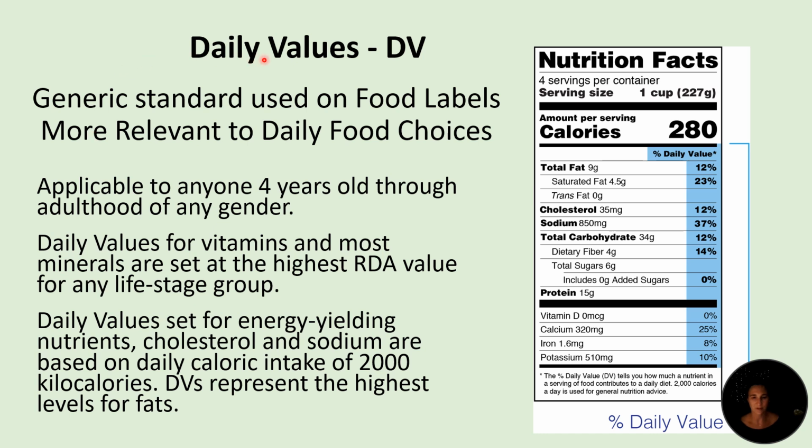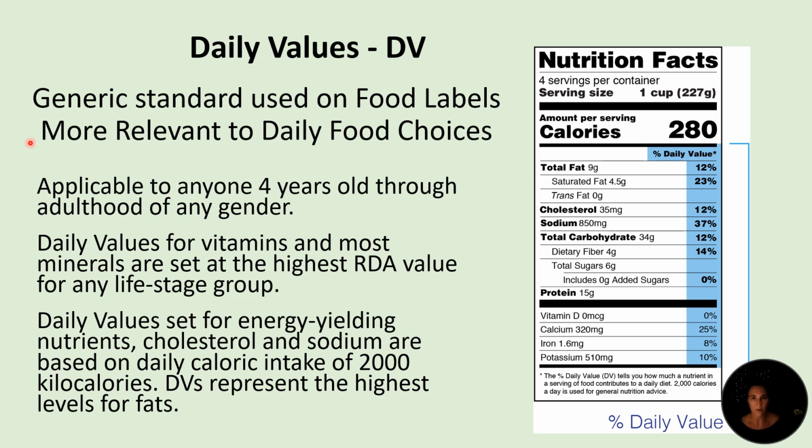Okay, let's just quickly finish up with DV. So these are daily values. You will see these on food labels. You've probably seen this, percent daily value, DV. This is a generic standard used on food labels that is more relevant to daily food choices.